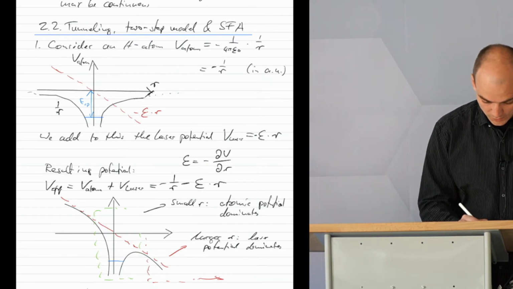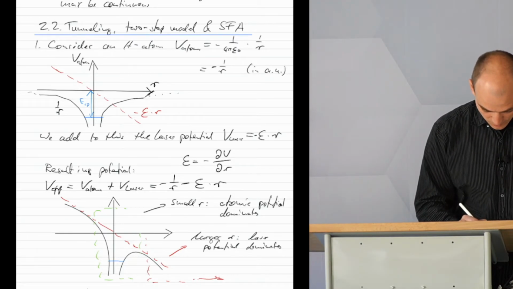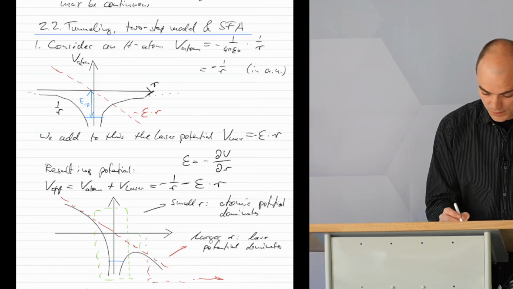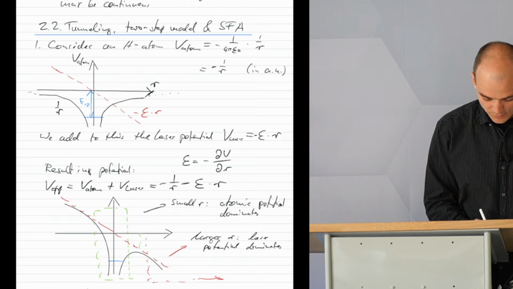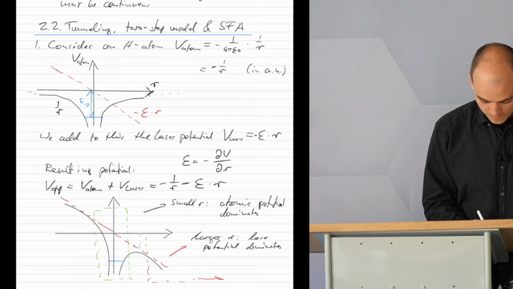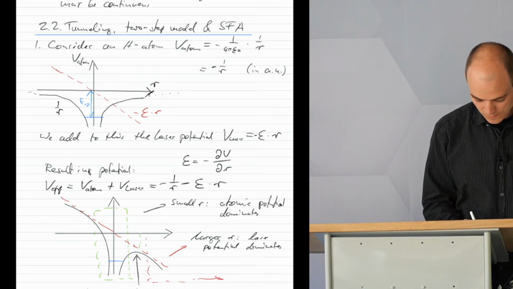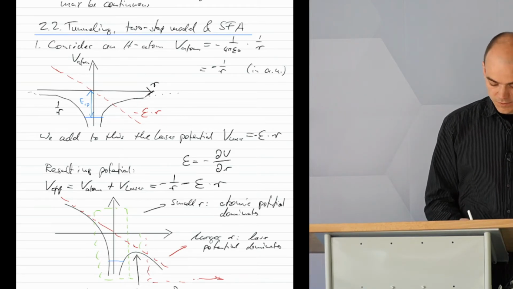Okay, now back to the question. What happens? So in between, in this range here, chaos.